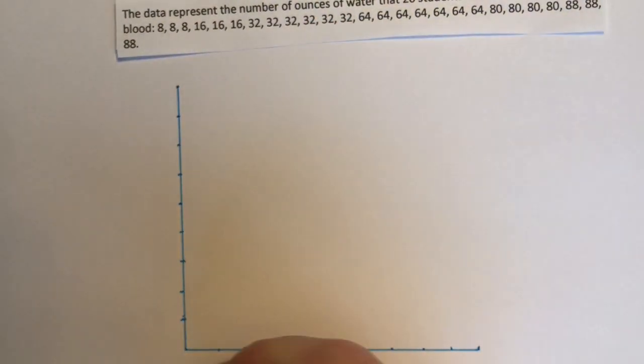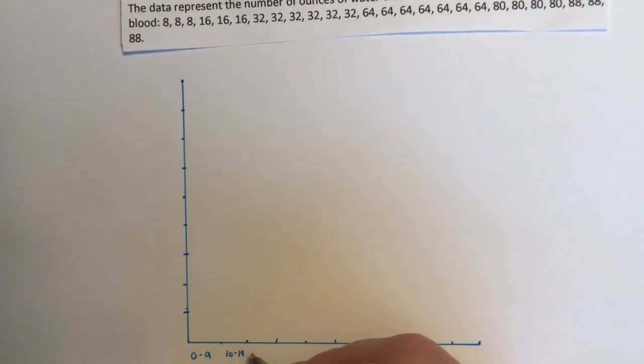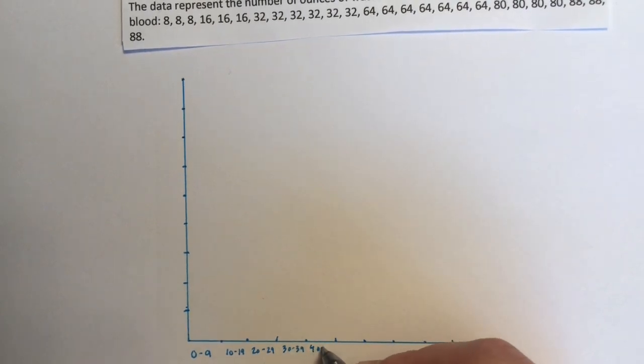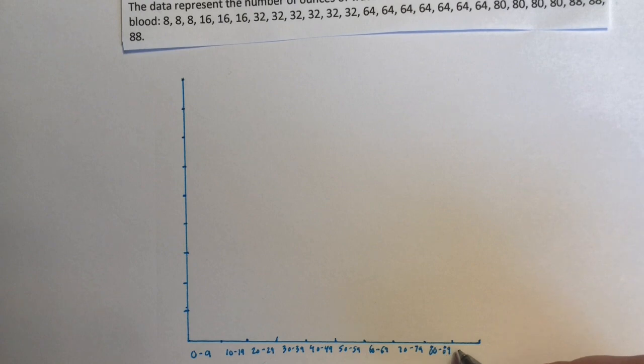We're going to represent this range with, this is 0 to 9. This is 10 to 19. This is going to be 20 to 29, 30 to 39, 40 to 49, 50 to 59, 60 to 69, 70 to 79, 80 to 89, and 90 to 99.